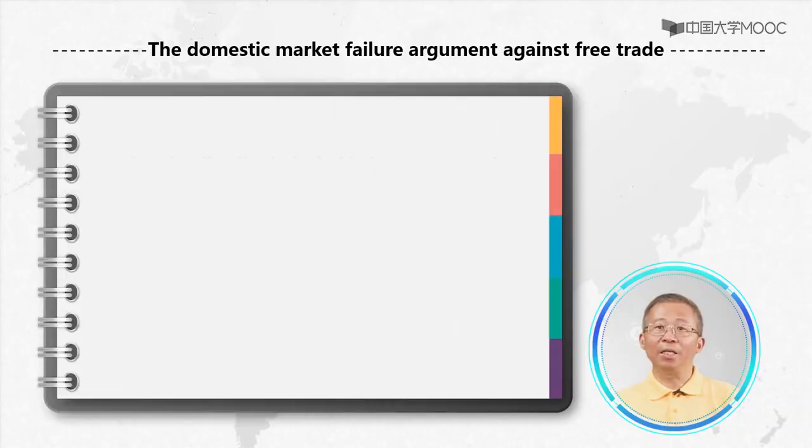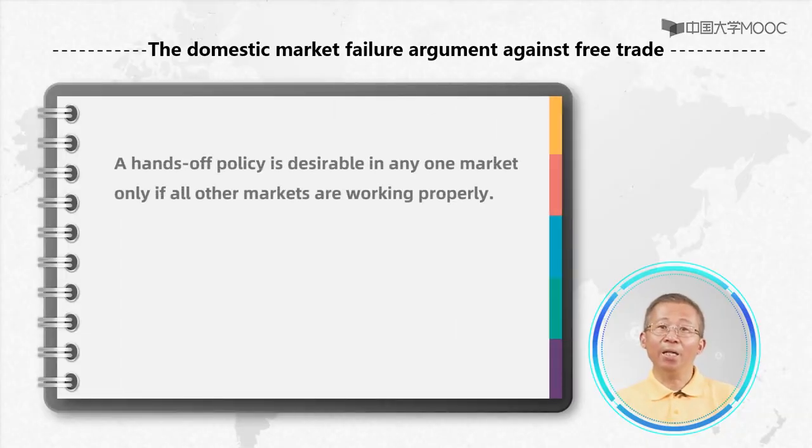The domestic market failure argument against free trade is a particular case of a more general concept known in economics as a theory of the second best. This theory states that a hands-off policy is desirable in any one market only if all other markets are working properly.